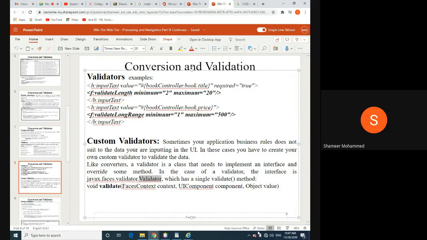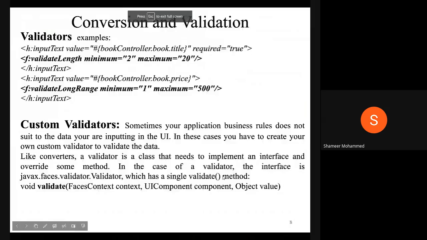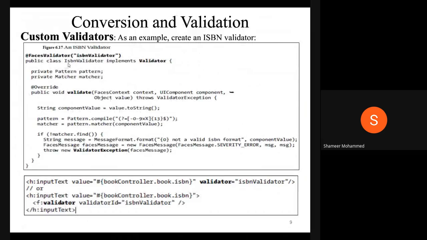So when you go to the next slide, see ISBN validator. This is for the book. So I want the book number, the ISBN international code number, to be according to my requirement. So I can use this custom validator and override this method. And here you write your logic. So convert your data here to string. See, this is the pattern.